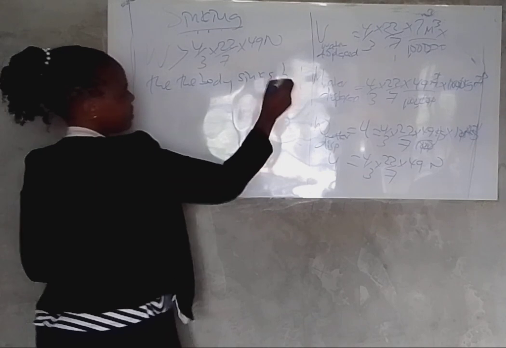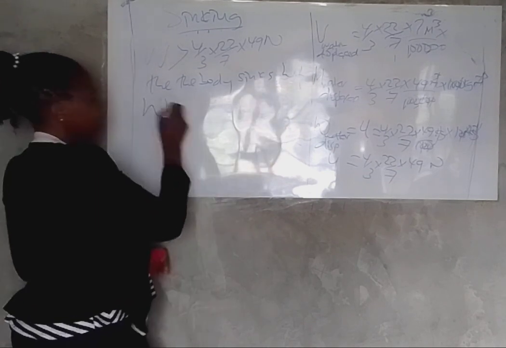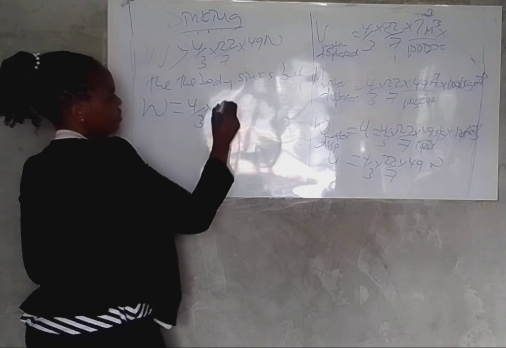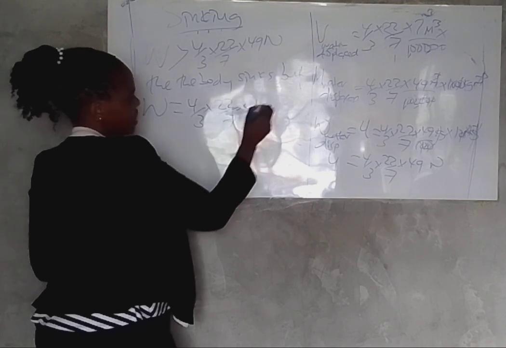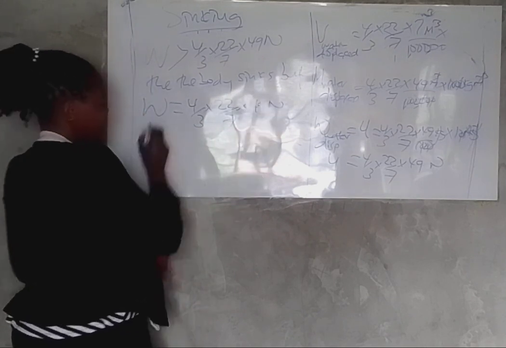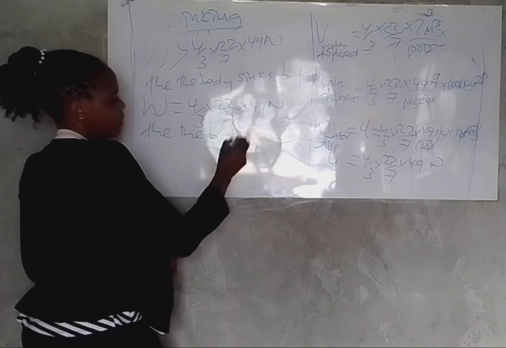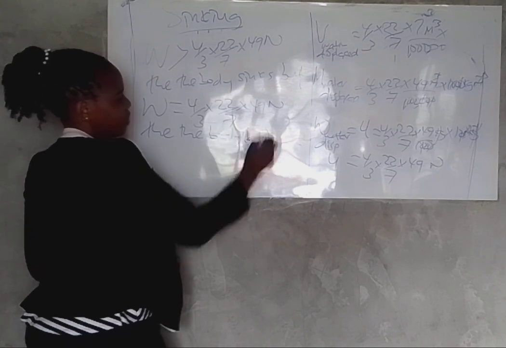Okay, but if the weight of our ball is equal to 4/3 times 22/7 times 49 newtons, then the body, which this time is our ball, floats.